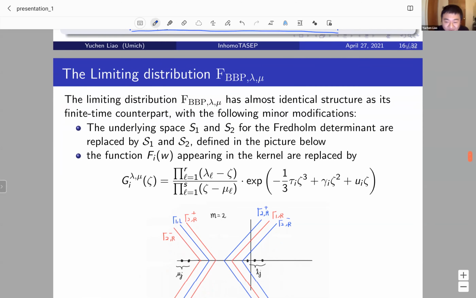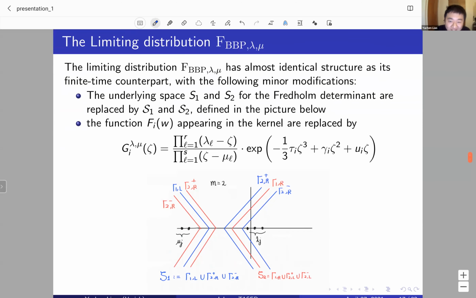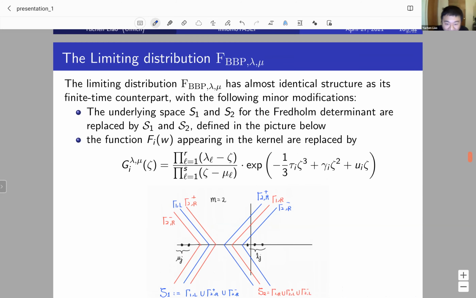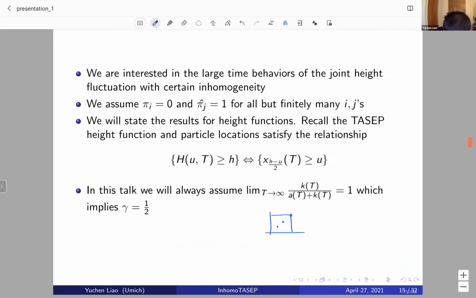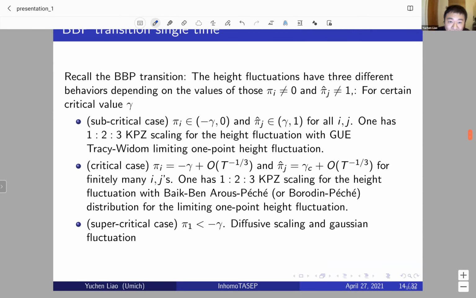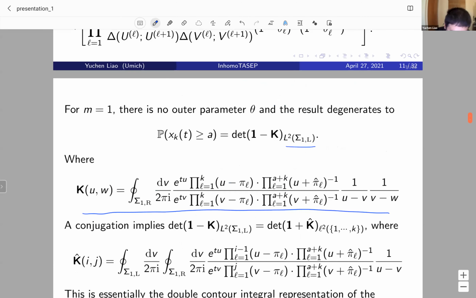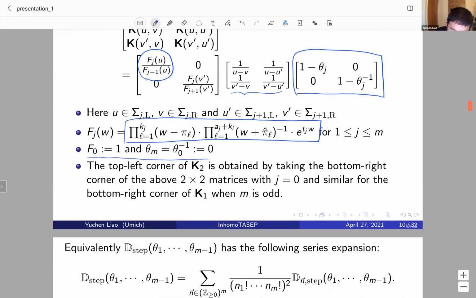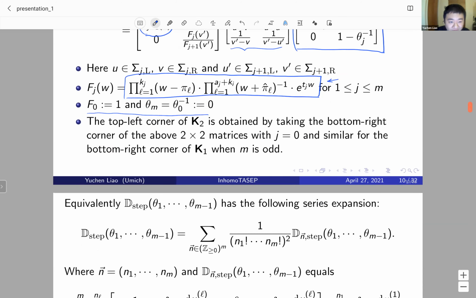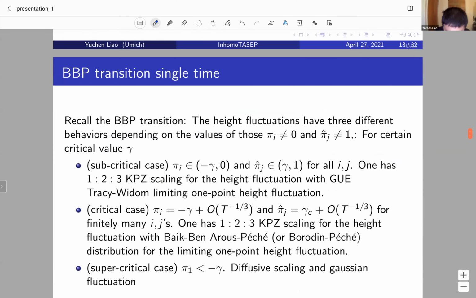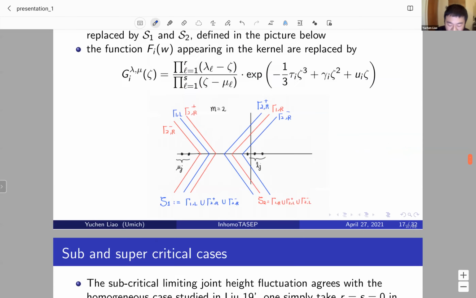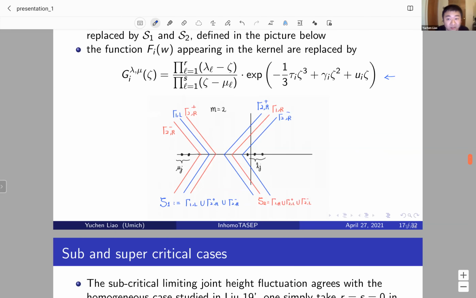And that Fredholm determinant part has exactly the same structure as before, except you change the underlying space and you change the weight functions appearing in the kernel. So you replace the original e to the t w function by the Airy-type function with a finite rank perturbation, which is of the form something like this.